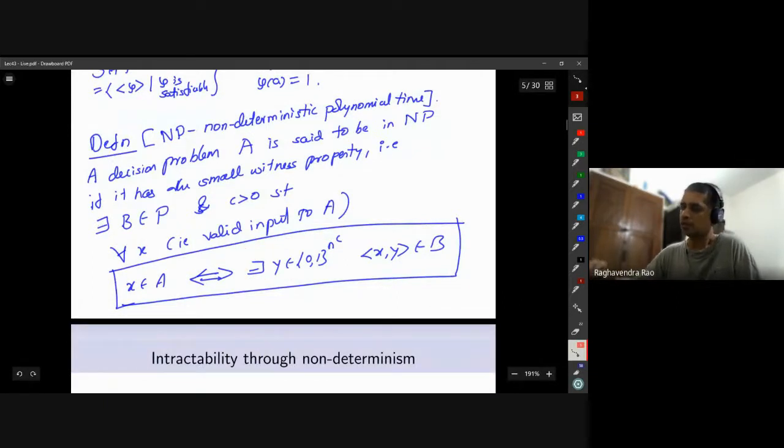Any description of a problem can be seen as membership in this class or language A, that is, an instance is characterized by: there exists something so that something happens. This something happening is easy to verify. There exists something is not easy to find, but if somebody gives this witness, you can verify it.